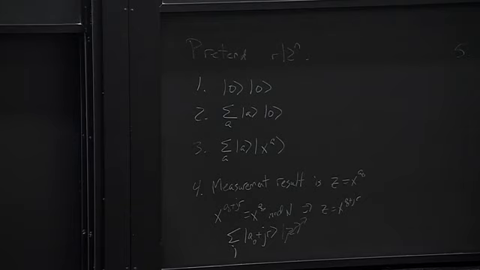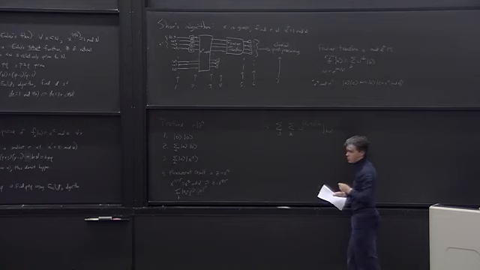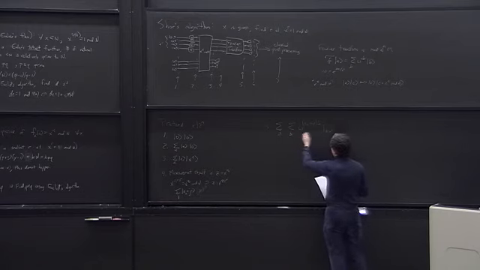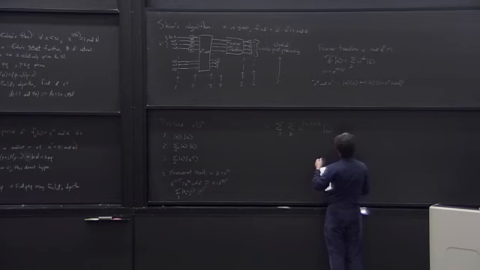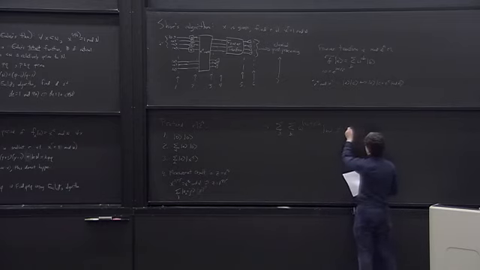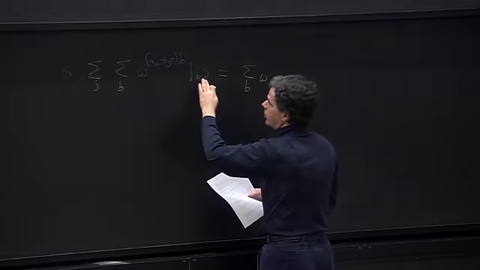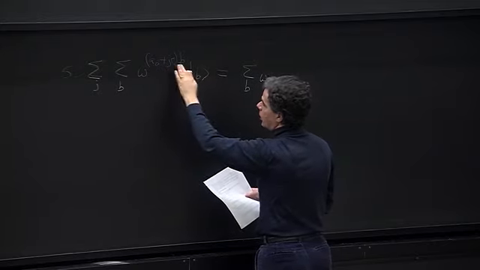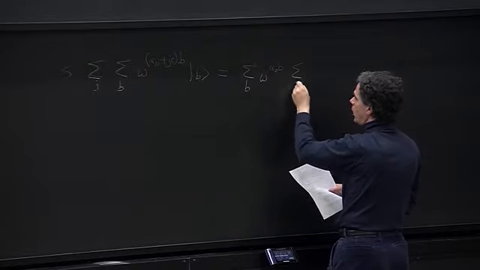So sum over b, we get omega to the a0 plus jr times b, right? And we can switch the order of summation and reorganize this. So this is equal to sum over b. We have a thing here that doesn't depend on j, so we have omega to the a0b. And then we have the sum over j.